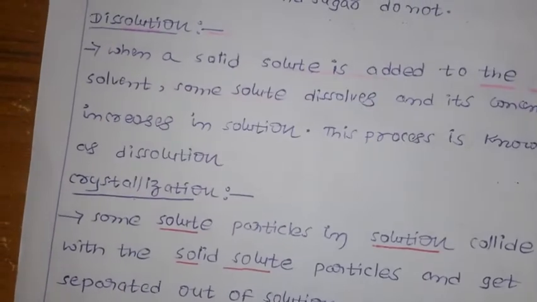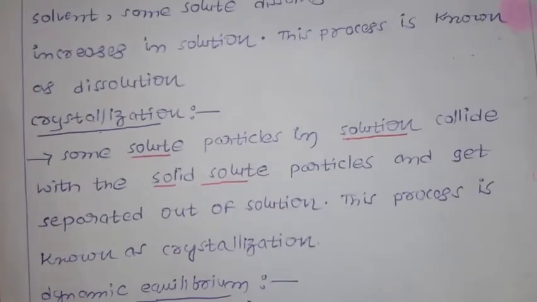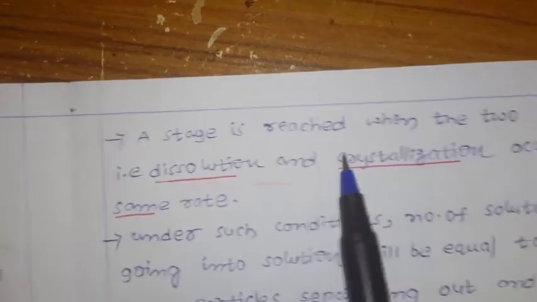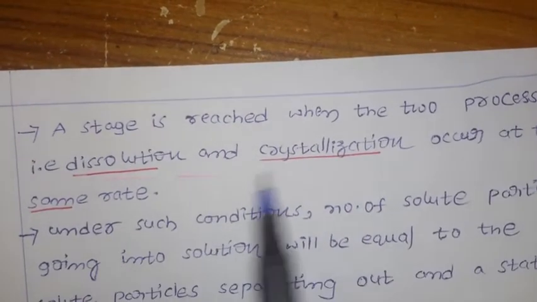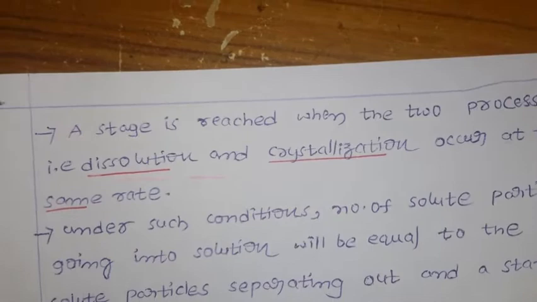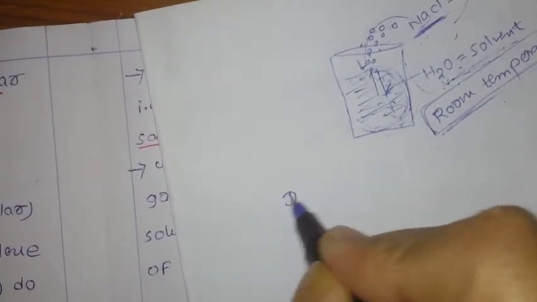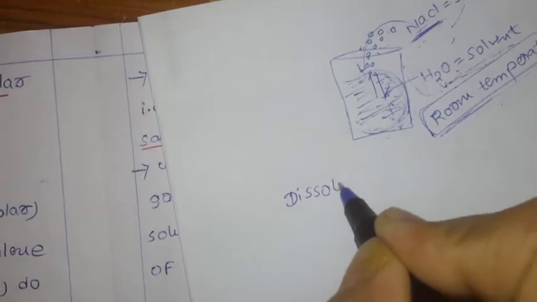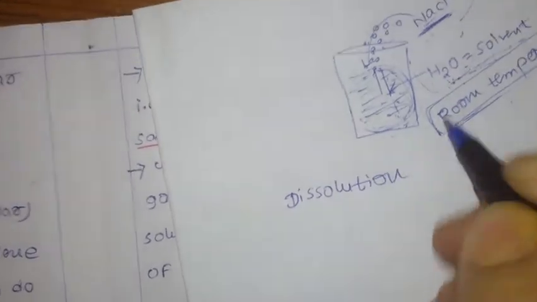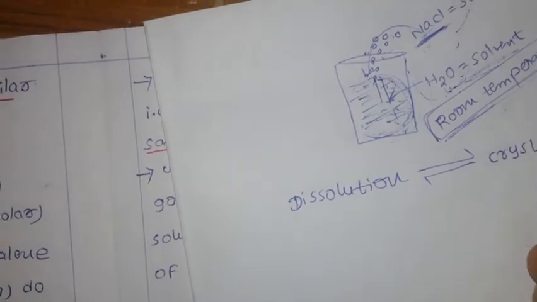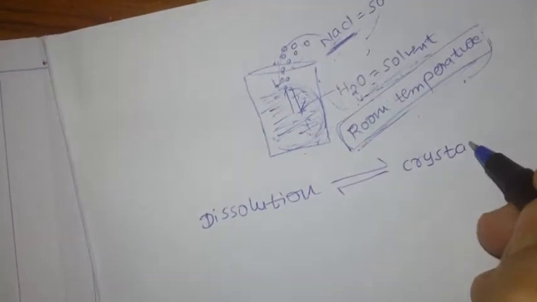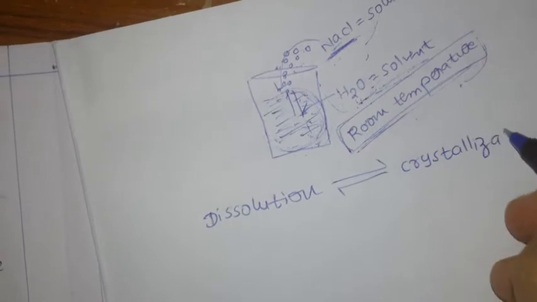Now next we have dynamic equilibrium. What is the meaning of dynamic equilibrium? Here a stage is reached when two processes, dissolution and crystallization, occur at the same rate. Here we have two processes: first dissolution, and then crystallization.